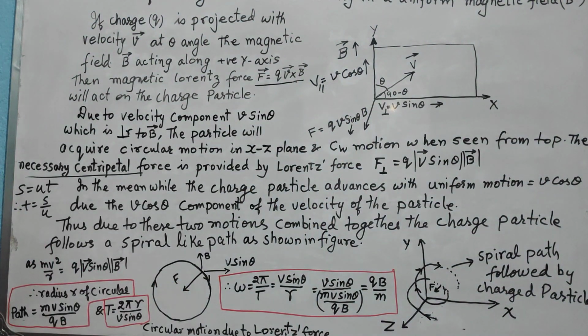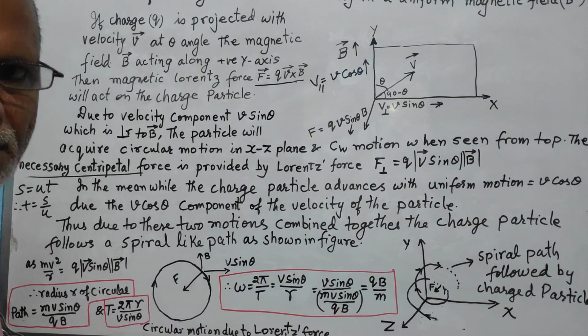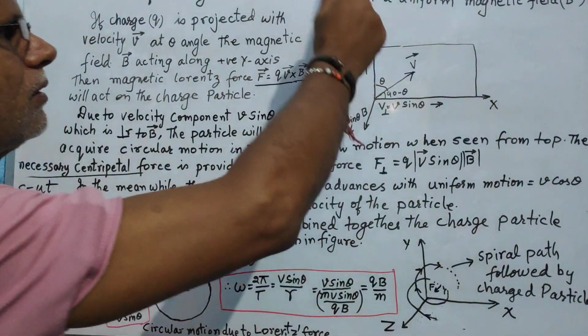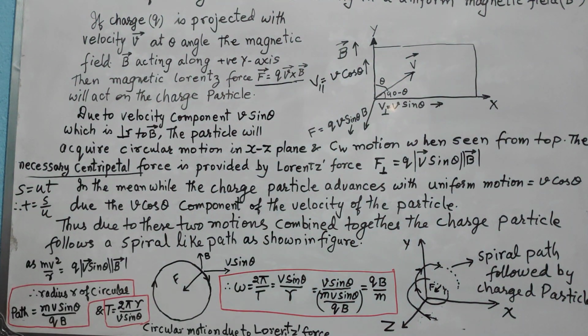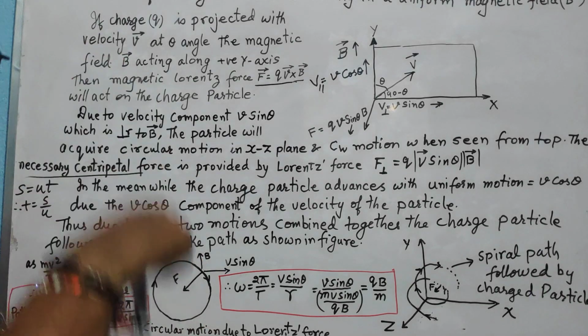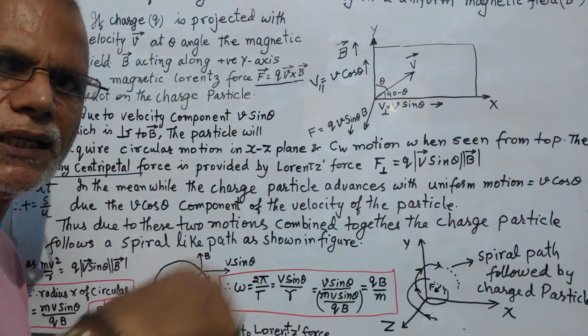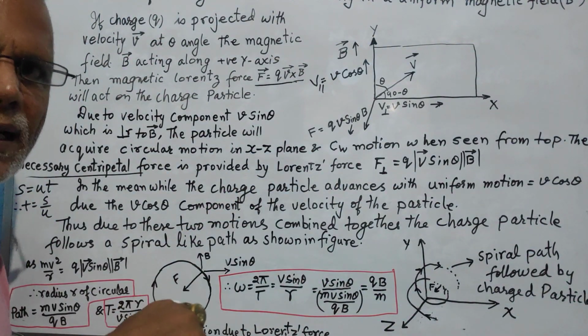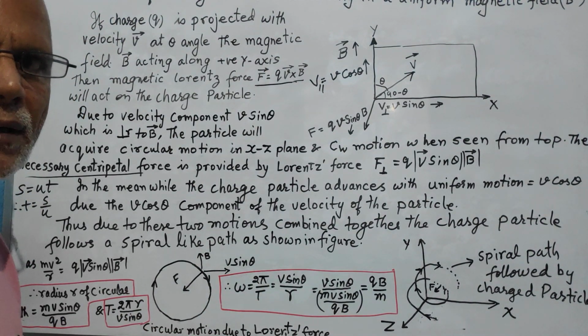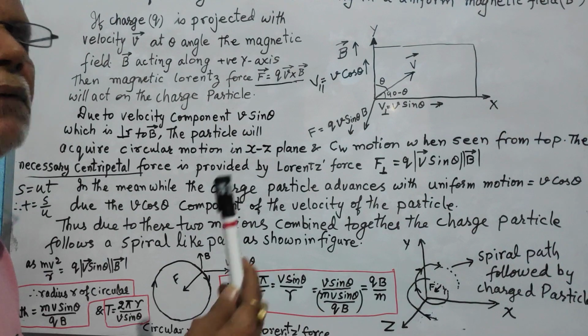But v cos theta exists, which means some component of the velocity exists along the direction of y. So while the particle is moving clockwise, when seen from the top, there is also a motion of the particle in the vertically upward direction.